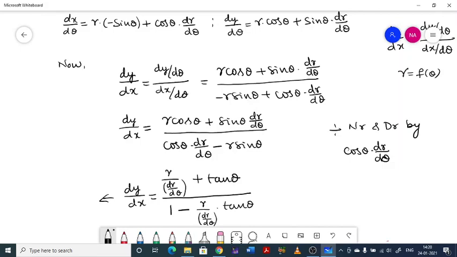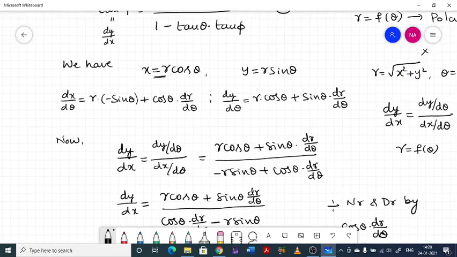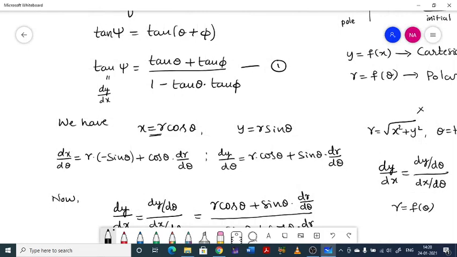Now this represents slope of the curve y equal to f of x, and this tan psi represents slope of the curve r equal to f of theta, but r equal to f of theta and y equal to f of x are representing the same curve. So these two parameters are the same.